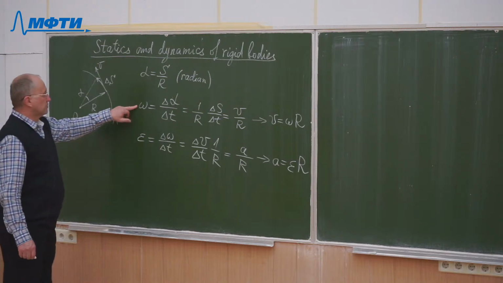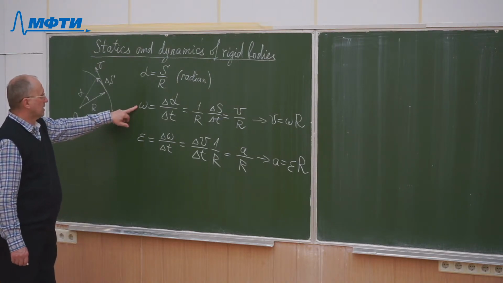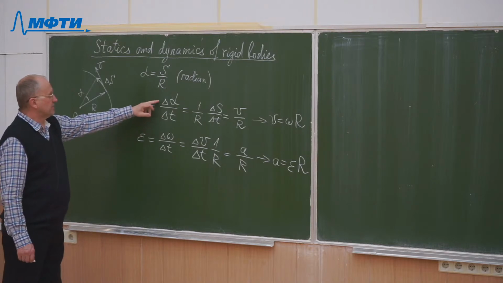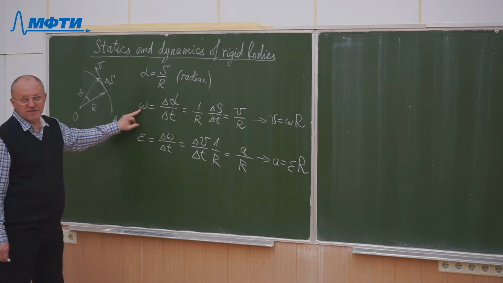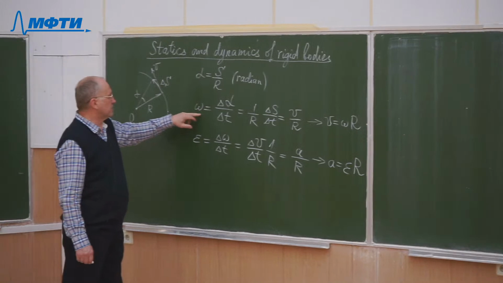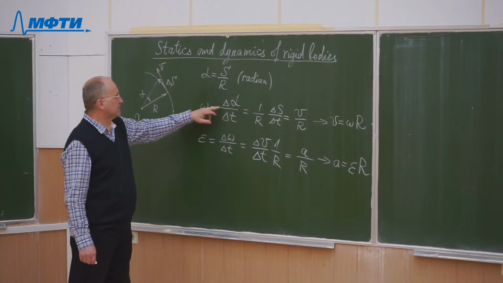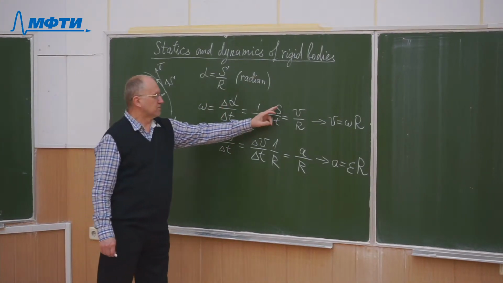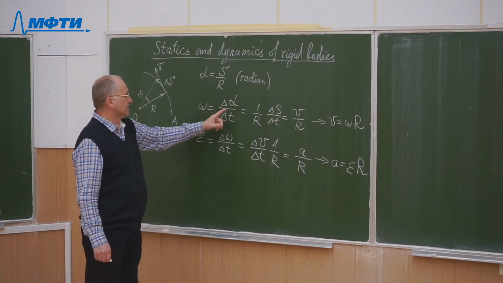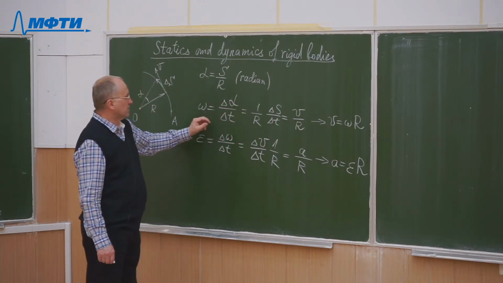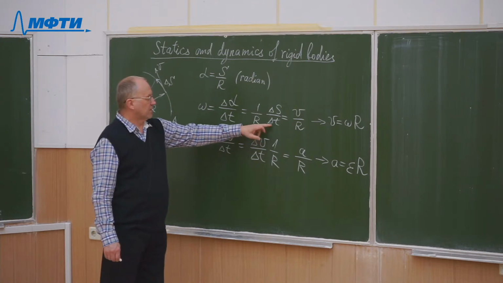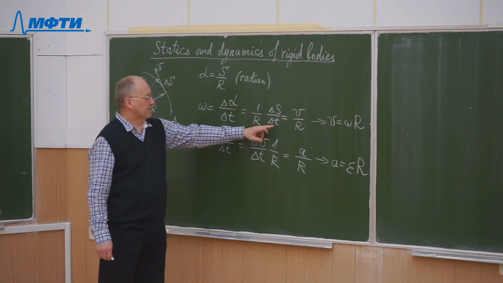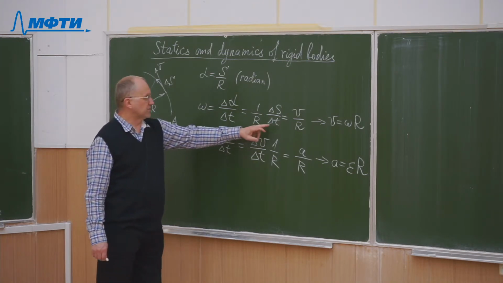Now, the definition of angular velocity is very similar to the definition of linear velocity. In linear velocity we have delta S over delta t, and here we have delta alpha over delta t. In linear velocity we have the rate of change of the displacement of the material point.